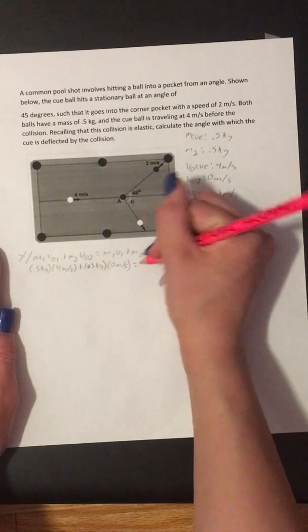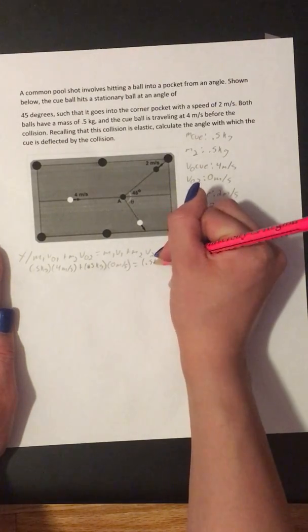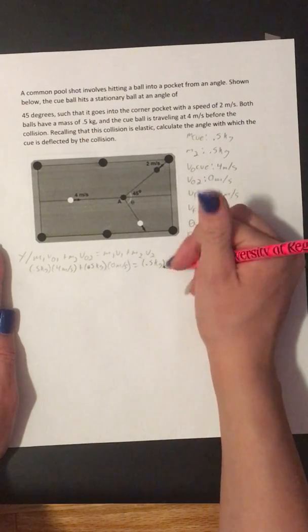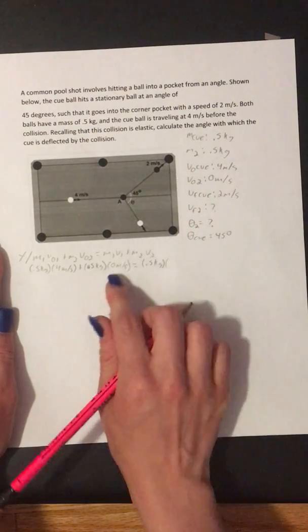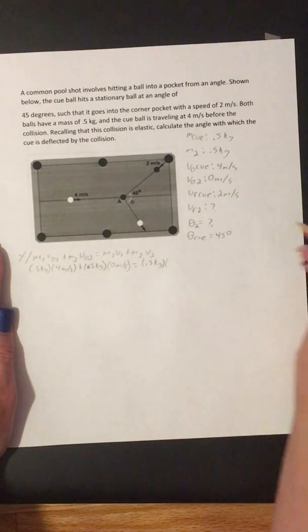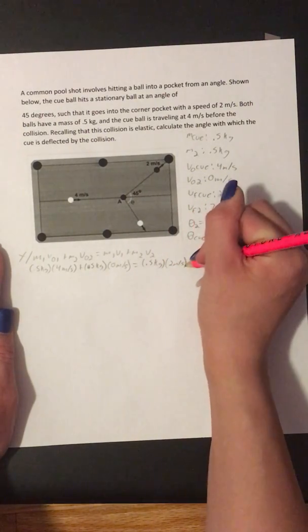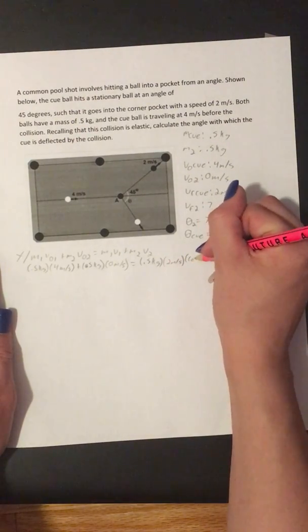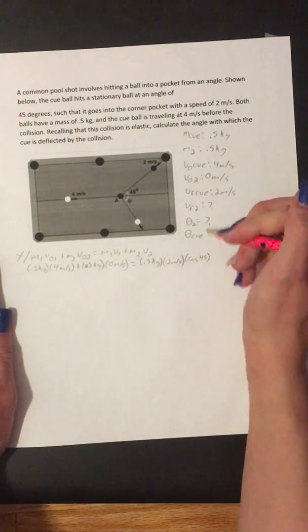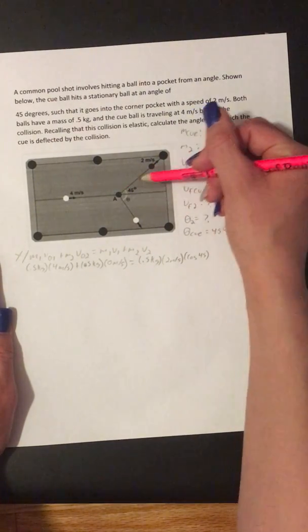Okay. Then it's equal to the mass of the first, so 0.5 kilograms. And then the velocity after the collision, remember this is after, so that was 2 meters per second. And then we also have to add in the angle, so that's cos of 45, because we're dealing with this kind of triangle right here.